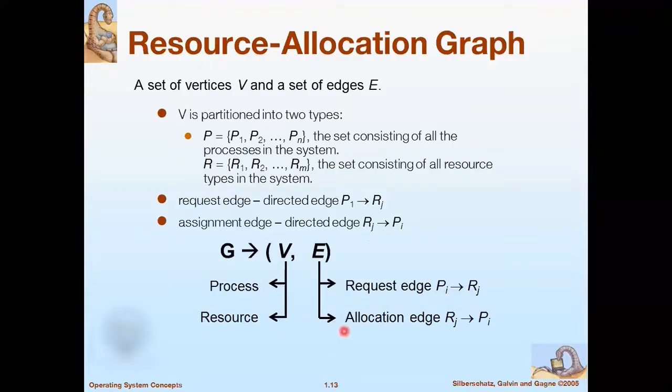And a directed edge from resource type Rj to process Pi is denoted like this, and it signifies that an instance of resource type Rj has been allocated to process Pi, which is called an assignment edge.